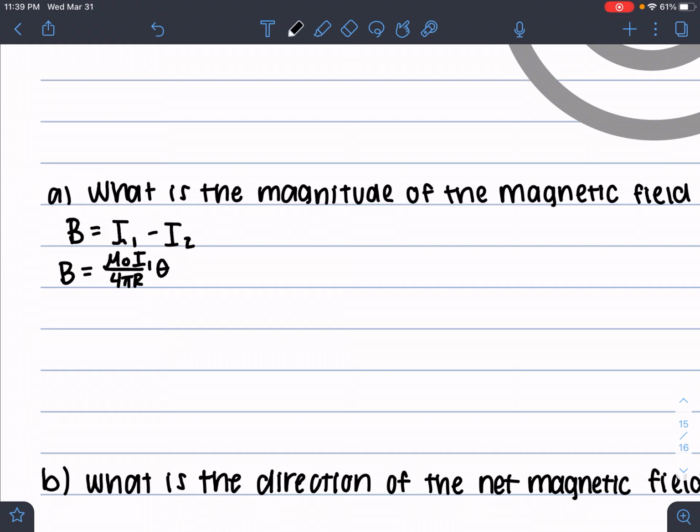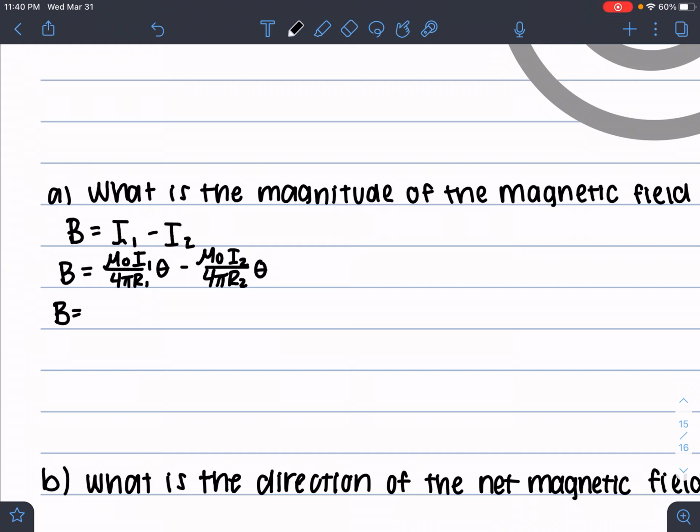That's, I have no idea how to say it, Biot-Savart law. I probably just butchered that. I don't really know how to say it, but you know what I'm talking about, because that's obviously what this video is about. So that's for a curved wire where theta is in radians. And then minus, that's R1, mu naught I2 over 4 pi R2 times theta.